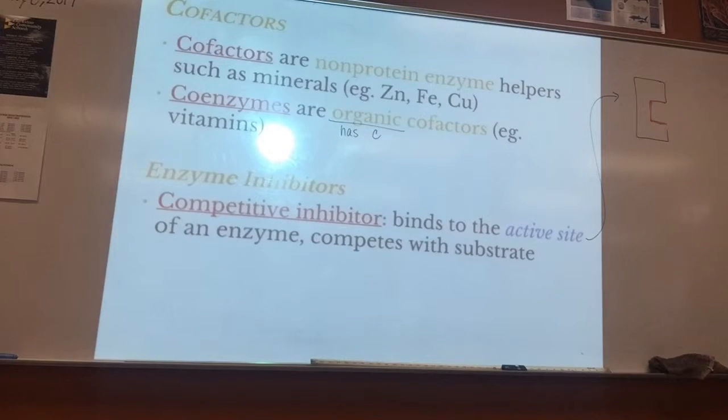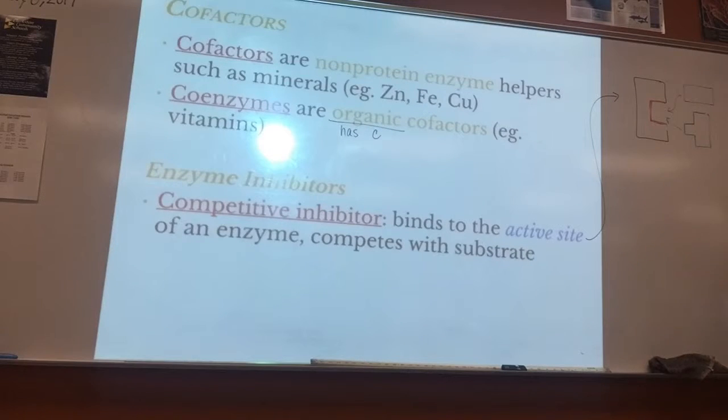So what happens is you can have a molecule that has this shape that can bind to the active site, or you could have a molecule of a shape like this that can also bind with that active site. Two different molecules can compete for that active site.